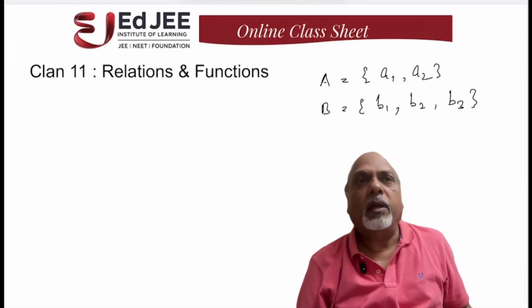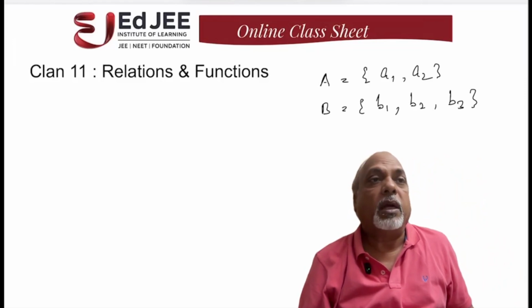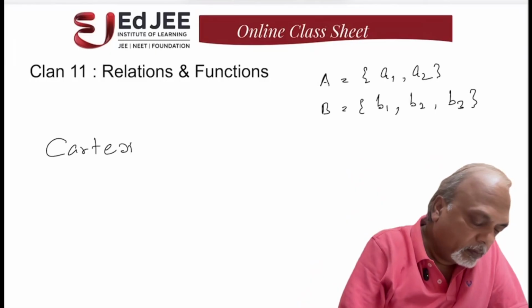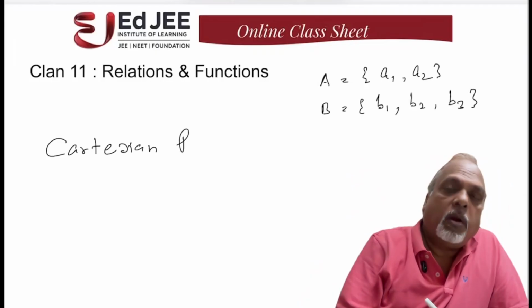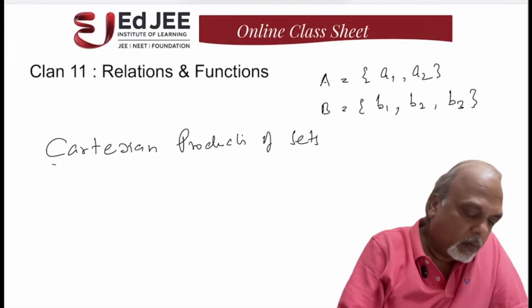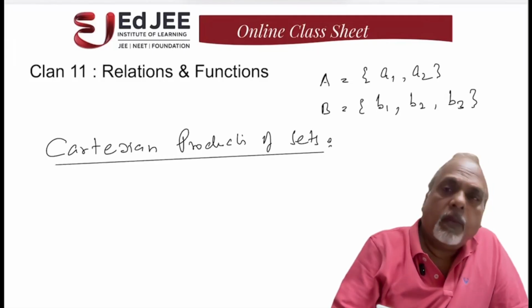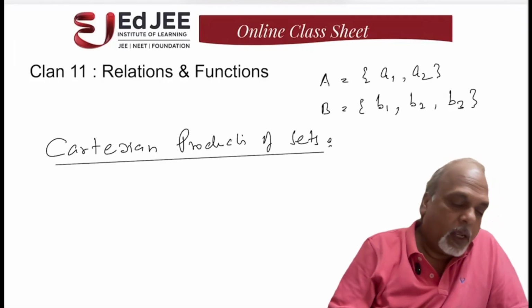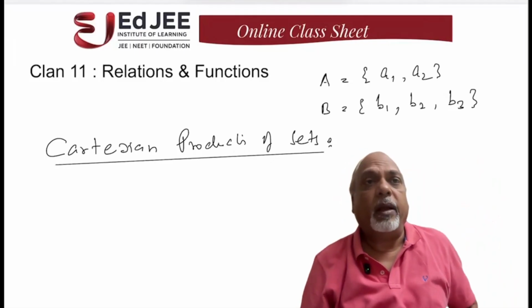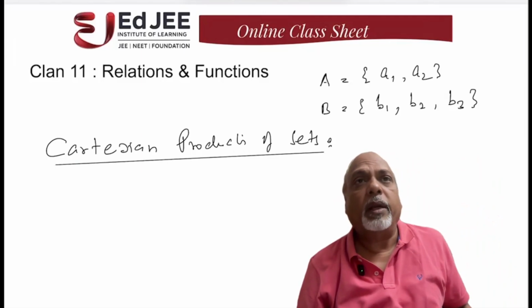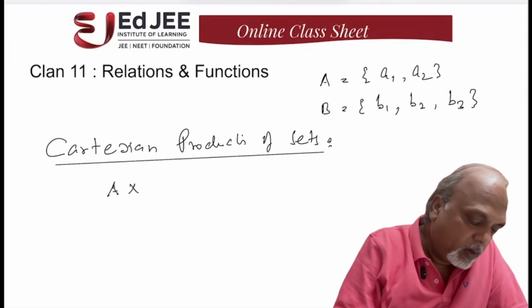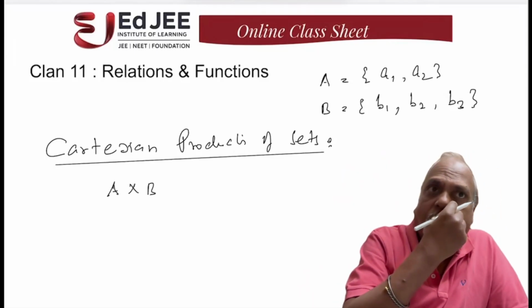Now let us learn about what is the Cartesian product of sets. Now as the name suggests, ये प्रोडक्ट है. तो अगर हमें इसका प्रोडक्ट, इन दोनों सेट्स का प्रोडक्ट बनाना है, प्रोडक्ट इन द सेंस A into B, this is Cartesian product.